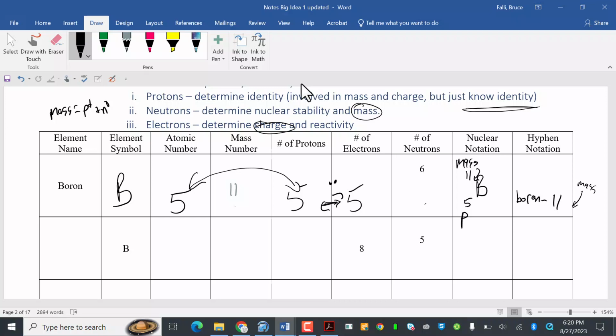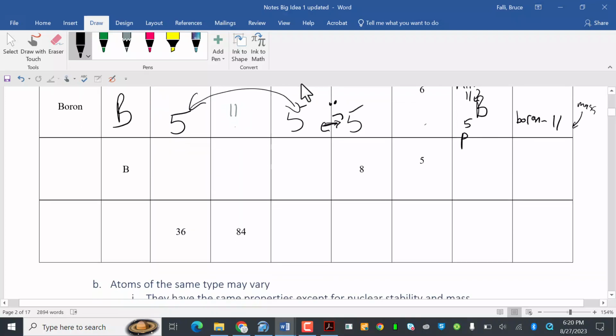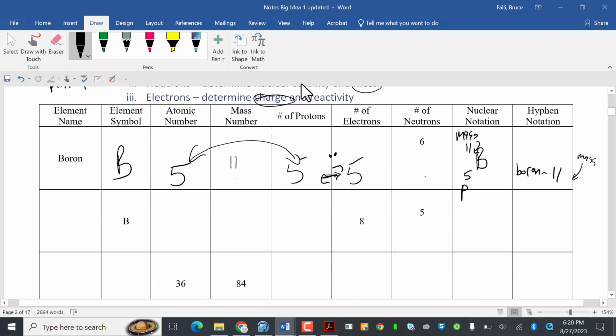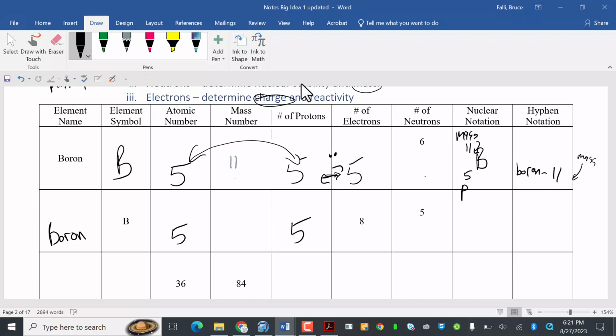Okay, let's take a look at this. I know I have 8 electrons, 5 neutrons. It's still going to be boron. B is going to be boron always. Atomic number, always, remember that's the number of protons. That tells you the identity. Now remember, my mass number is protons plus neutrons. 5 plus 5 is 10.